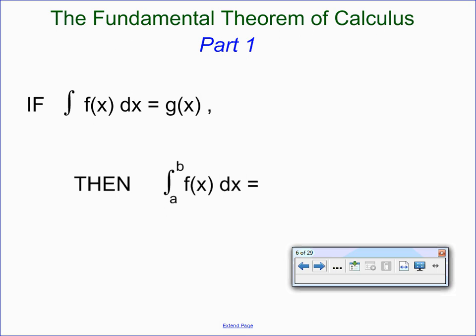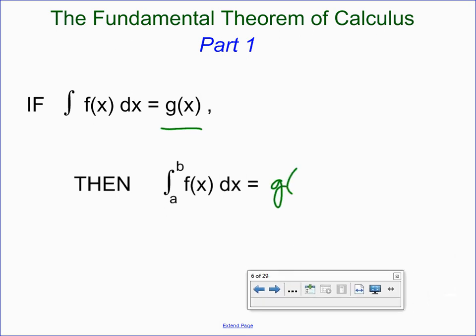If an antiderivative of f is g, then we can evaluate the definite integral of f with respect to x on the interval a to b by doing what? Well, we'll find that antiderivative function, in this case g, evaluate it at my upper limit, evaluate it at my lower limit, and subtract the two.